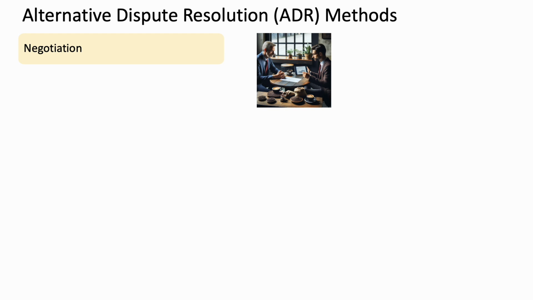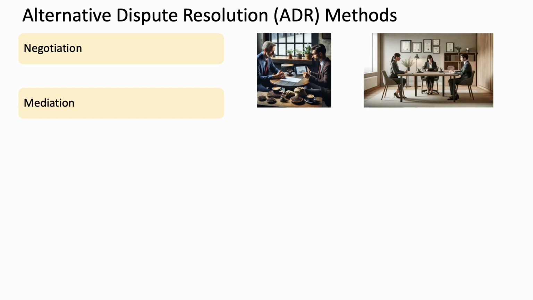If negotiation fails, parties may opt for mediation, where a neutral third party facilitates discussions to reach a mutually acceptable resolution. In a coffee shop context, mediation could help resolve disputes between partners over business decisions, such as menu changes or marketing strategies.